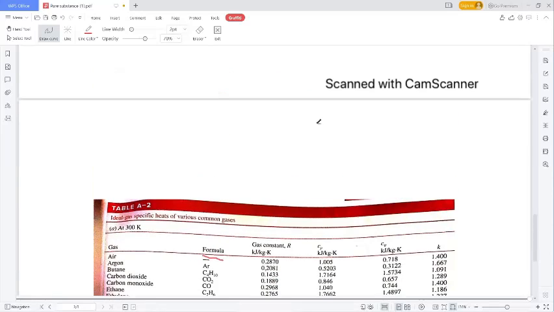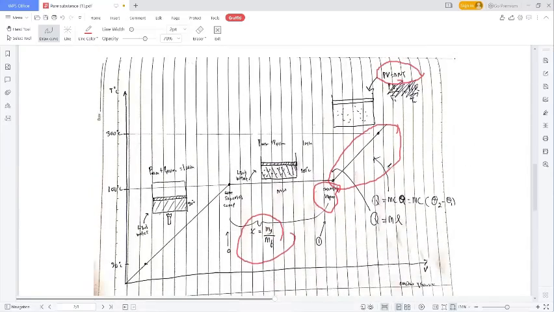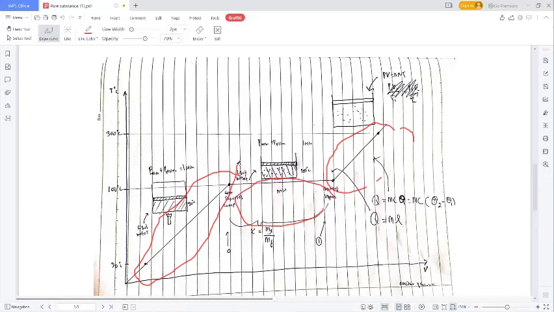Anyway, this formula PV equal to nRT in thermodynamics is used to find the value of the gas constant, T, V and pressure, but in the gas condition only. So this formula can only be applied in the gas phase. You cannot apply it in the saturated process, nor in the compressed liquid process.